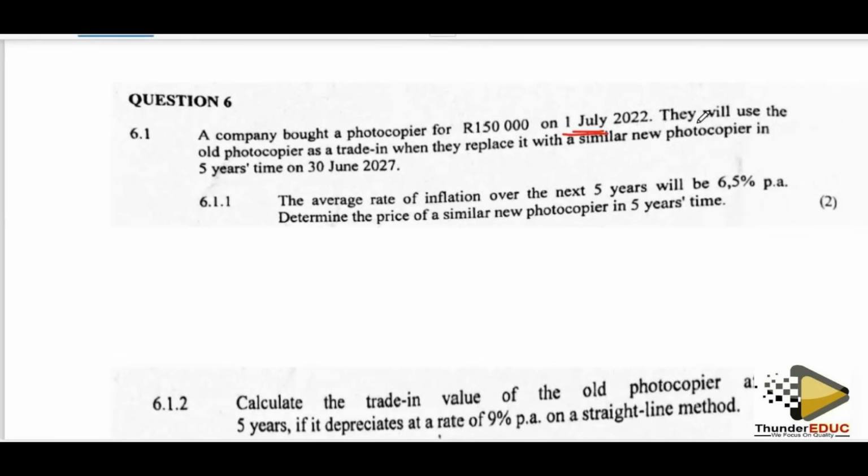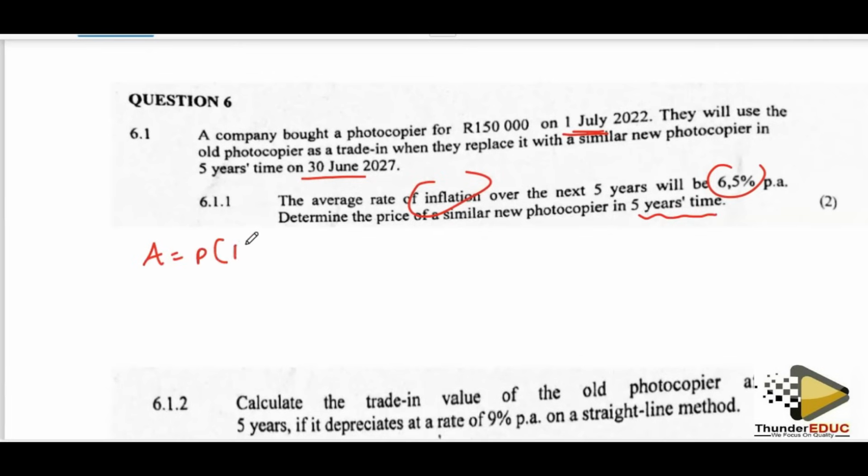They will use the old photocopier as a trade-in when they replace it with a similar one on the 30th of June 2027. The average rate of inflation is 6.5% for the next 5 years; determine the price of a similar photocopier in that time. Whenever we talk about inflation, that is compound interest.